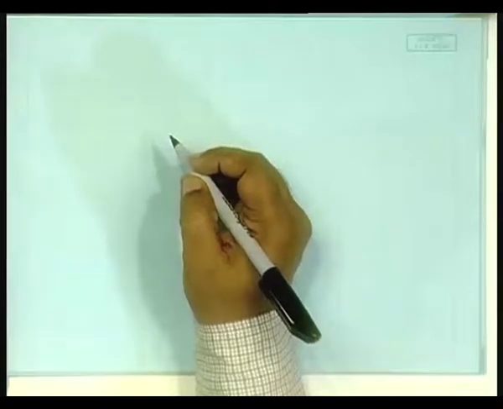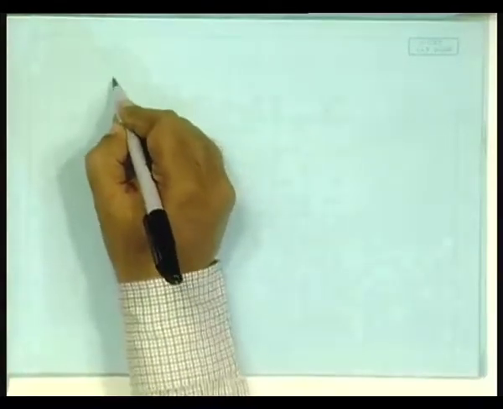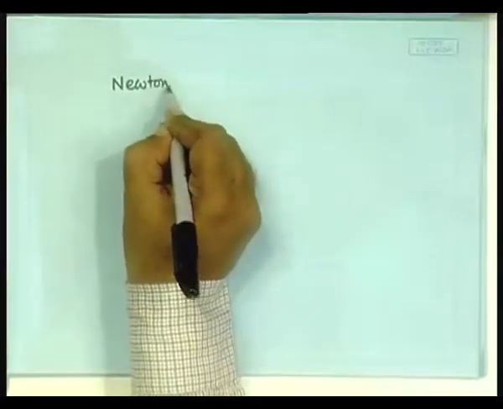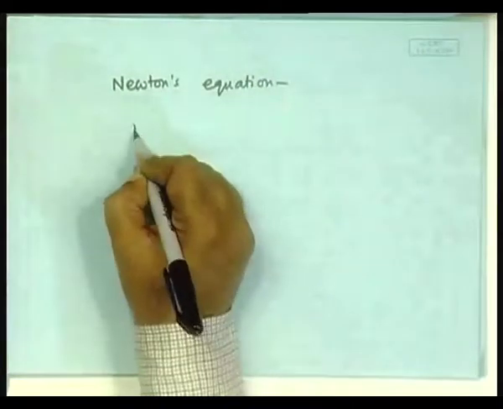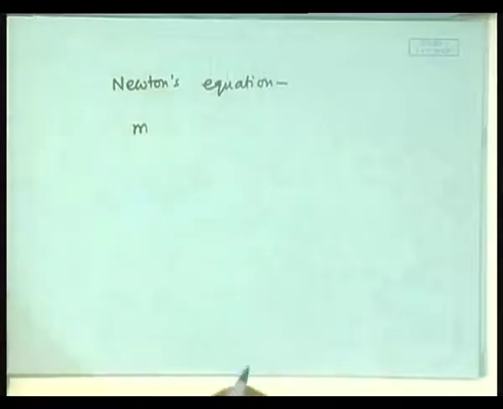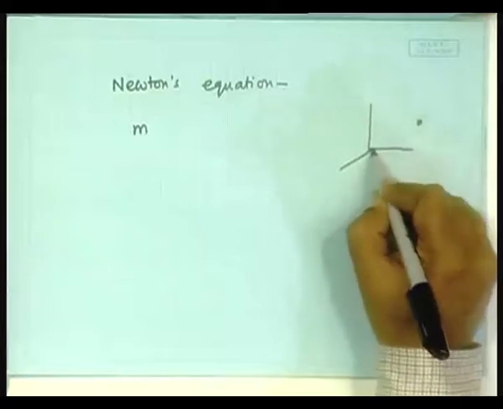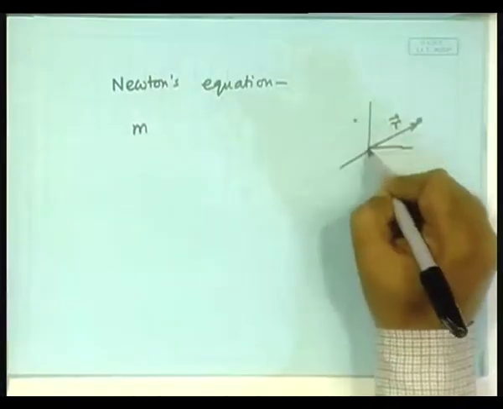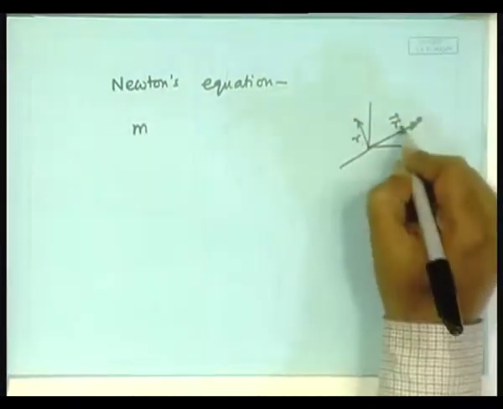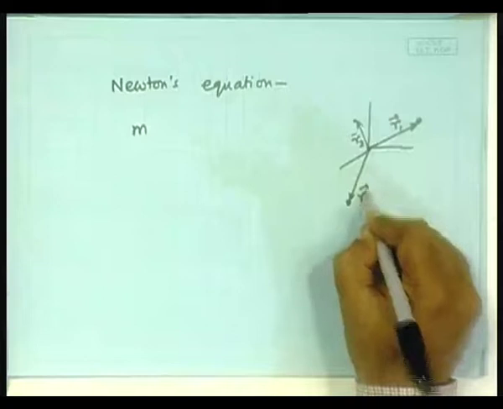Now, that gave rise to a very solid way of writing down the equations, but let us first start with Newton's laws by rewriting them. Newton's equation would be, for each mass point from a coordinate system, every mass point will have an r, a vector. So, r1, r2, third mass point, r3 and all that.